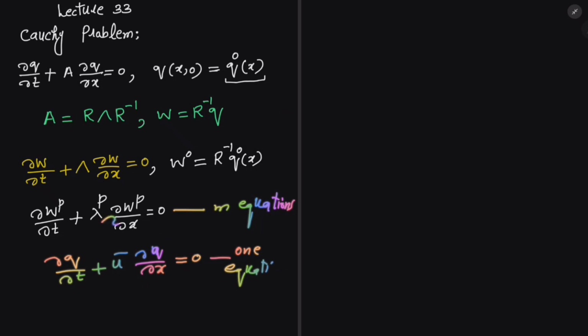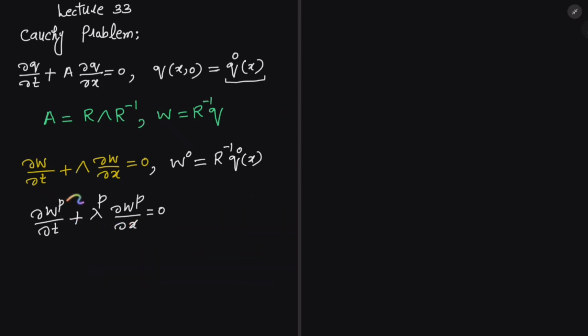So when I put p equal to 1, you get the first advection equation. When we have p equal to 2, then we have the second advection equation, and so on. We have m advection equations. That is the reason that we want to convert this system of equations into decoupled advection equations.